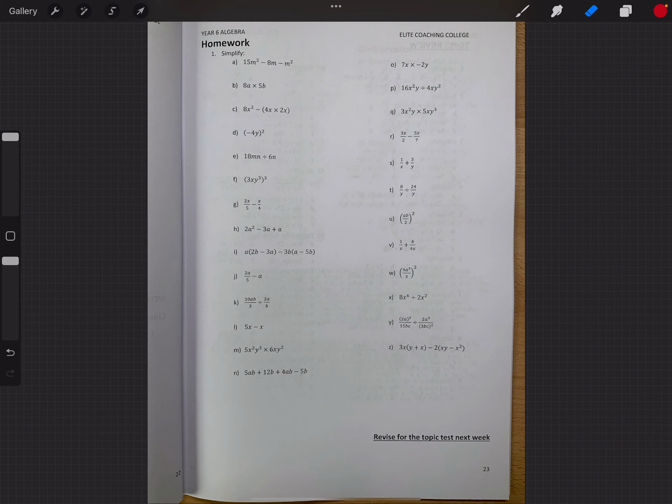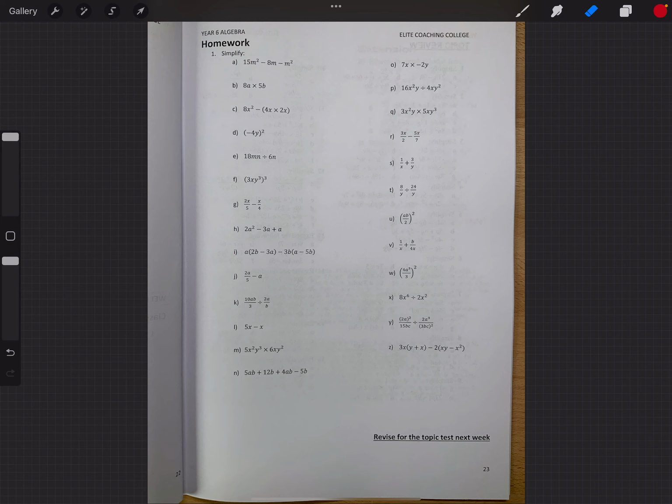Now we're going to make the same denominator because we're doing subtraction. So I must make the 1 into a 5 like the one on the left. So multiply both top and bottom by 5 and you're going to get 2a over 5 take away 5a over 5. Now the top number, we're going to get 2a minus 5a. So that's going to equal negative 3a over 5, and there's your answer.